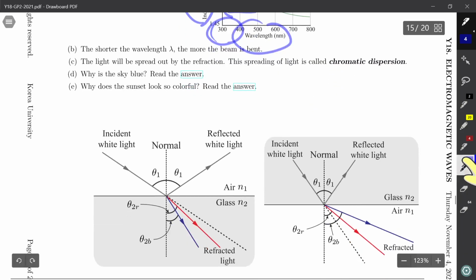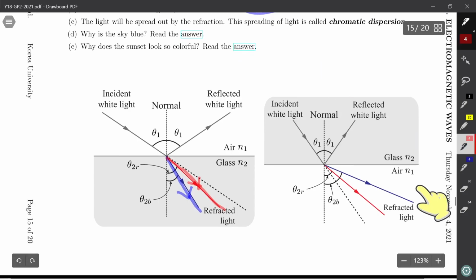Therefore, blue light, that has a shorter wavelength, deflects more, while red light does not deflect a lot in comparison with blue. It wants to go more straight, and blue wants to scatter. The angle of refraction is much different from the angle of incidence.